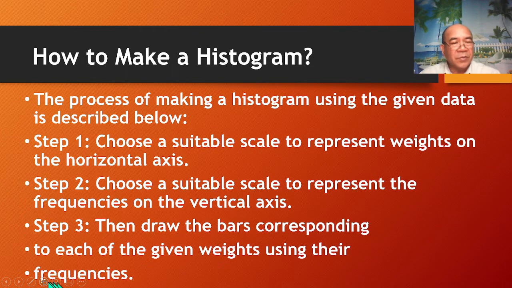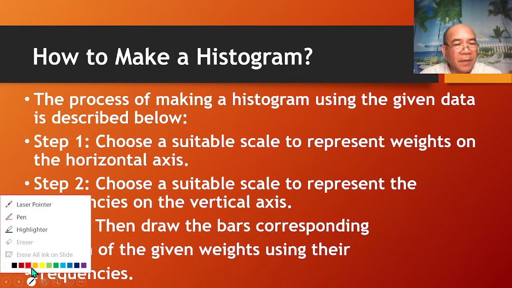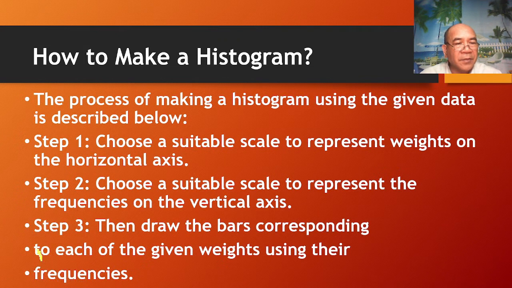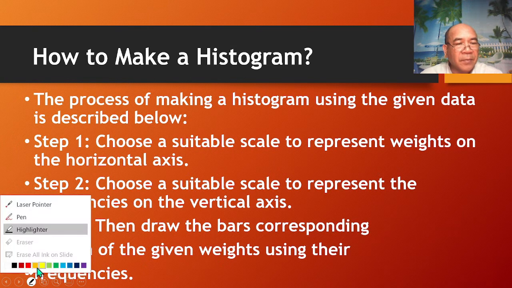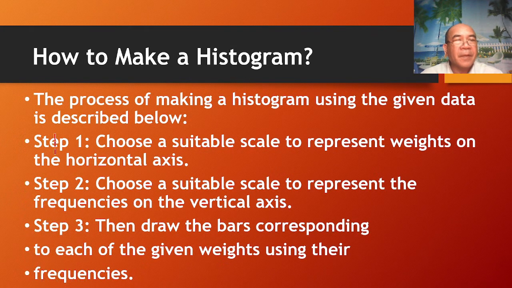So, step number one, we're going to mark this. I have here my highlighter. And I hope you're going to learn how to make a histogram. Step number one, choose a suitable scale to represent weights on the horizontal axis.